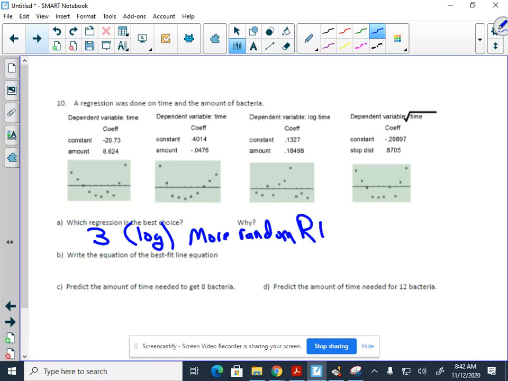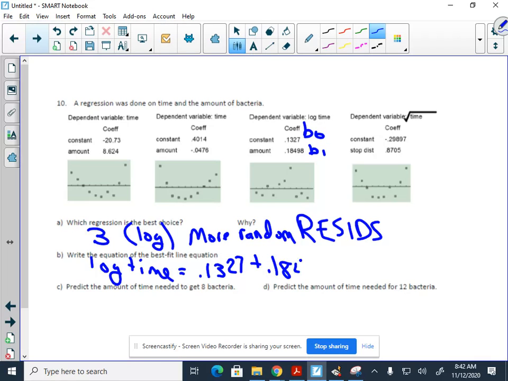Make sure you always say residuals. Write the equation. So the equation here is going to be log of time equals 0.1327. Again, B0, then B1, plus 0.18498 times the amount.